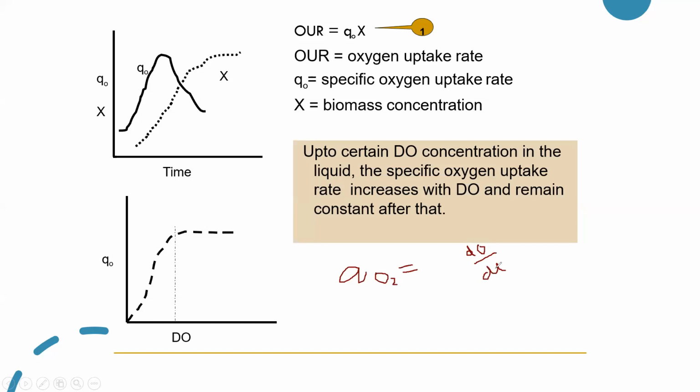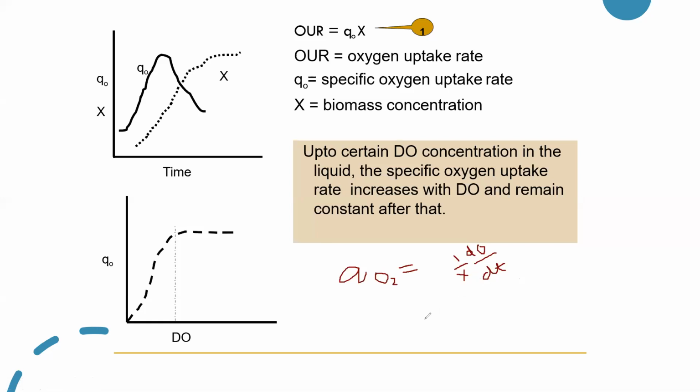So simply writing dO upon dt means I am talking about the rate of uptake of the oxygen. But the moment I divide this factor by 1 upon X, that means the moment I introduce the concept of per unit biomass, it becomes specific. So oxygen uptake rate dO upon dt is measured in terms of specific uptake per unit of biomass.